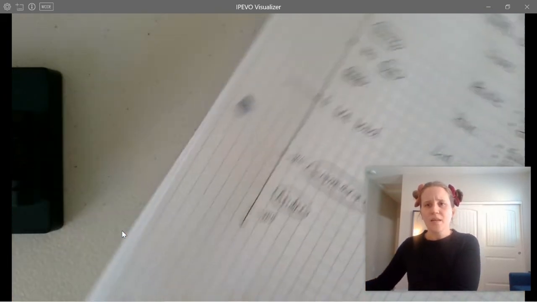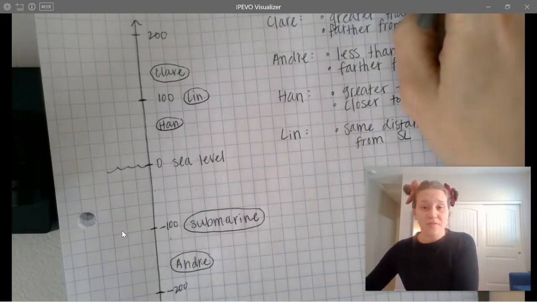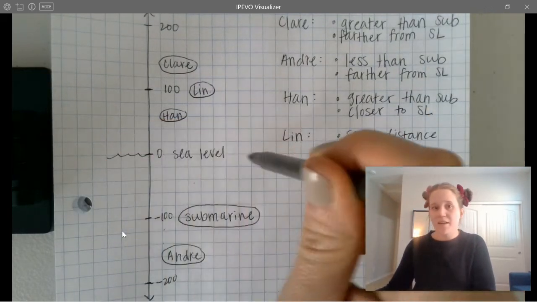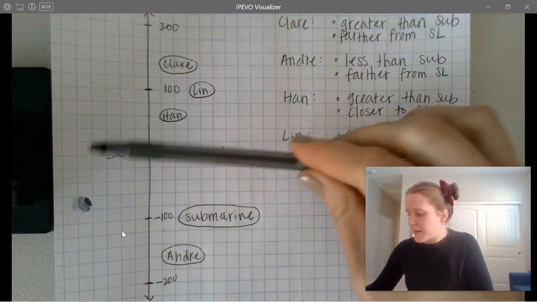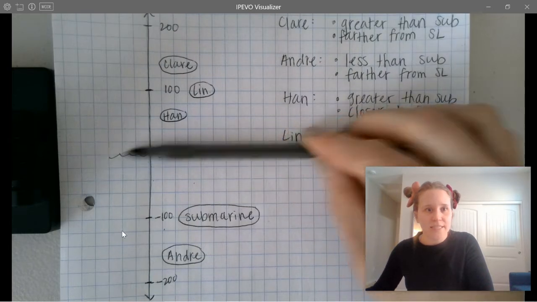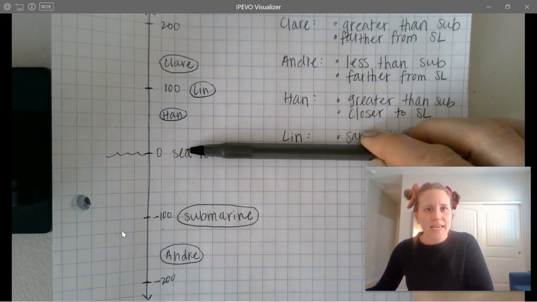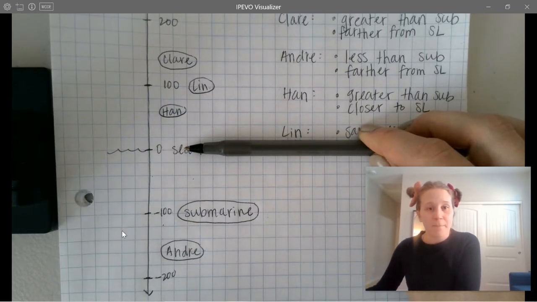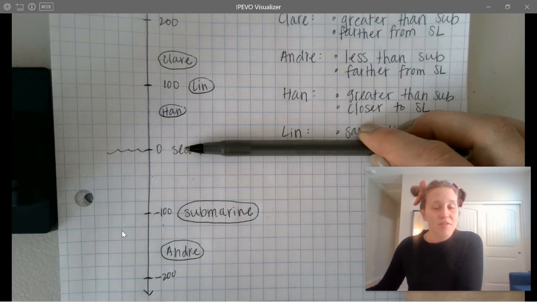Okay? When I compare absolute value, I'm not comparing value, it's a little different. I'm comparing distance from 0. So here is sea level, here is 0. I can tell that the submarine is closer to 0 than Andre is, right? I can tell that the submarine is closer to 0 than Claire is.